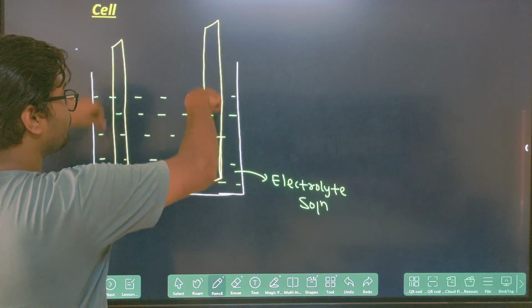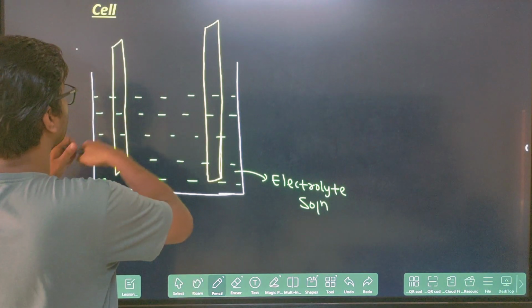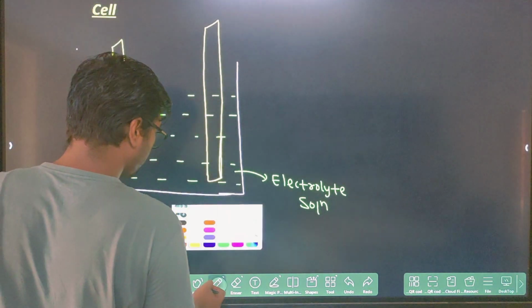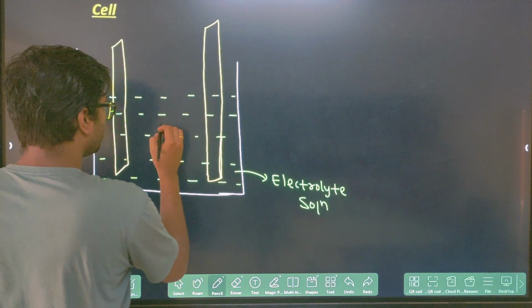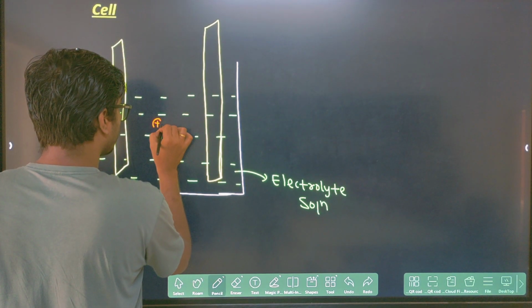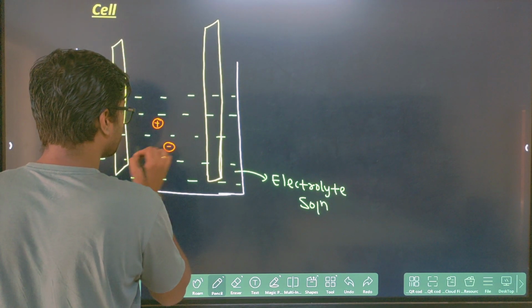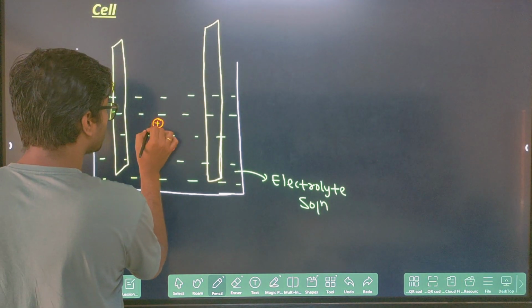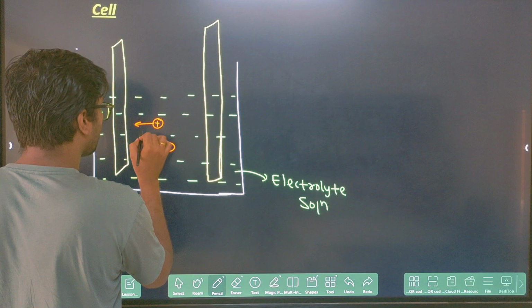As soon as you dip these two metallic plates in the electrolyte solution, what will happen? The positive and negative ions inside the electrolyte will move with the help of some unknown force.